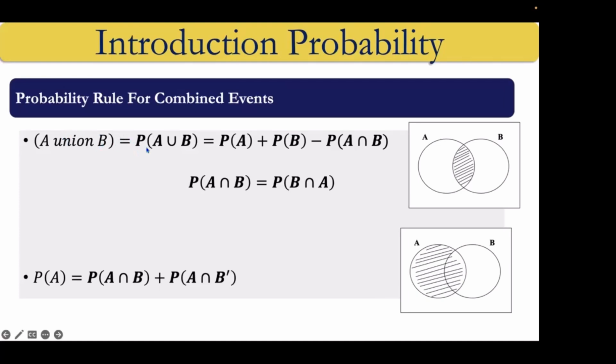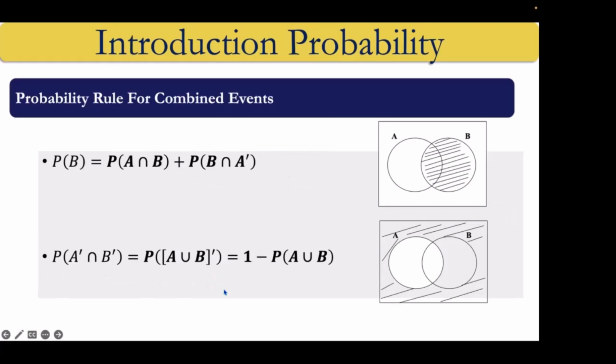With the union of the events, we have A union B, which is the probability of event A occurring plus event B occurring, minus the probability that events A and B will both occur. A and B occurring is also equal to B and A occurring. And then we have the probability of event A as the probability of A intersection B plus the probability of A intersection B complement.